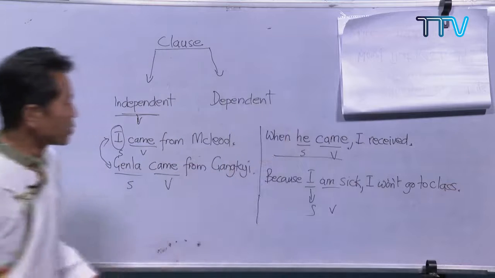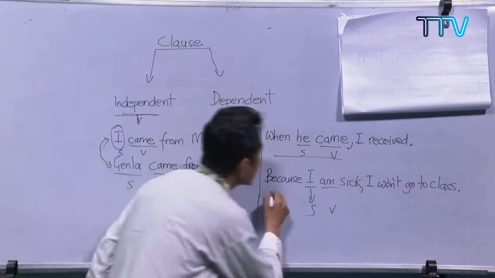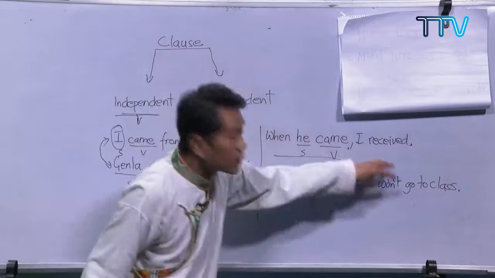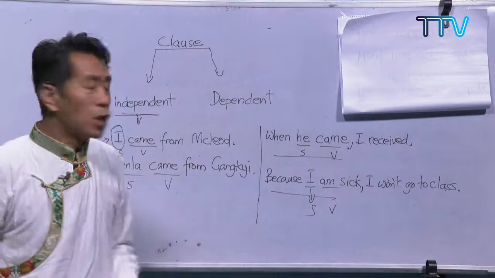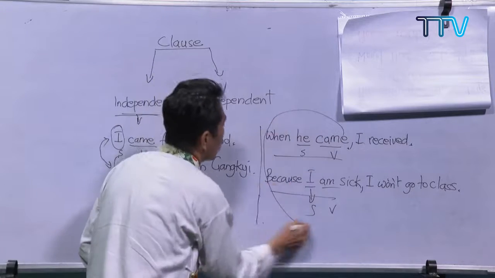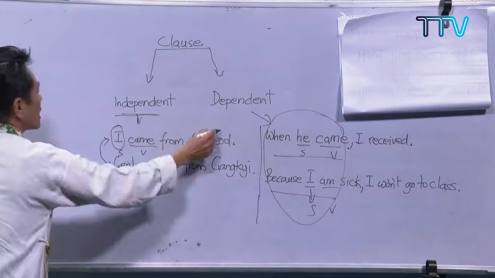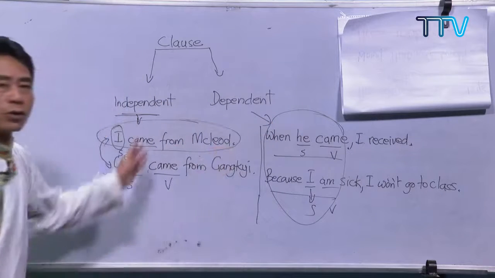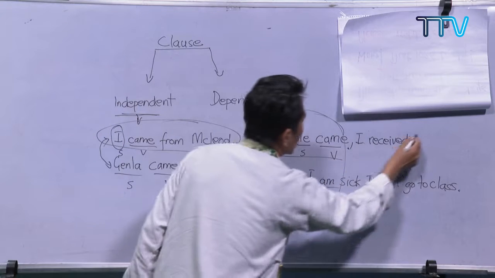Now you look at this sentence. It makes a complete sense. So you see, this clause has to depend on another clause to make a complete sense. Such types of clauses are called dependent clauses, and these are called independent because they don't have to depend on others.